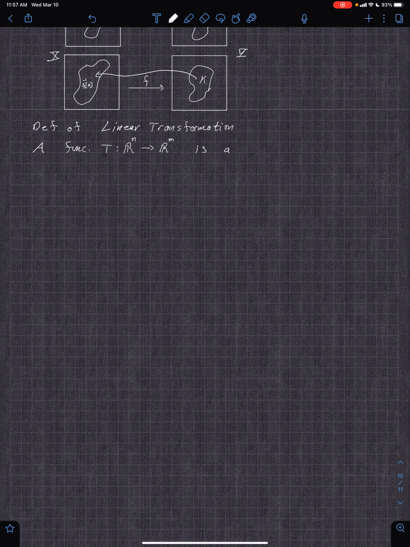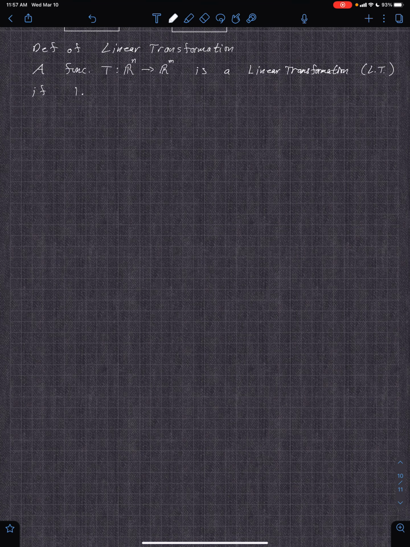is a linear transformation, and we will be abbreviating that, as you could imagine, LT, to speed things up, if two things hold. So first it's a function, and then one, we have T of u plus v is equal to T of u plus T of v. It's like you can separate the addition.